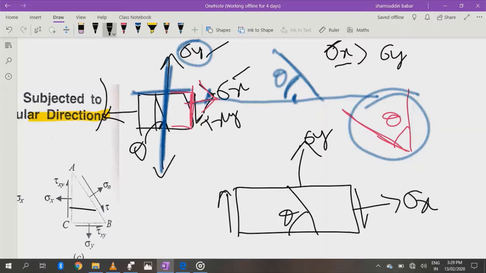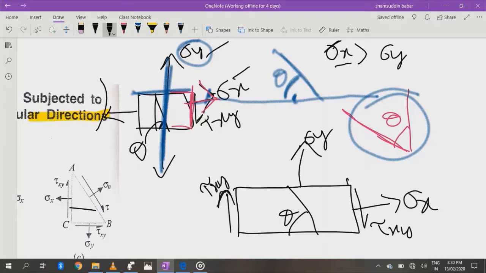Now remember that if one side of an object is subjected to a shear force in clockwise direction, the other will be in anti-clockwise direction. Now this is a simple concept, a concept to cram.